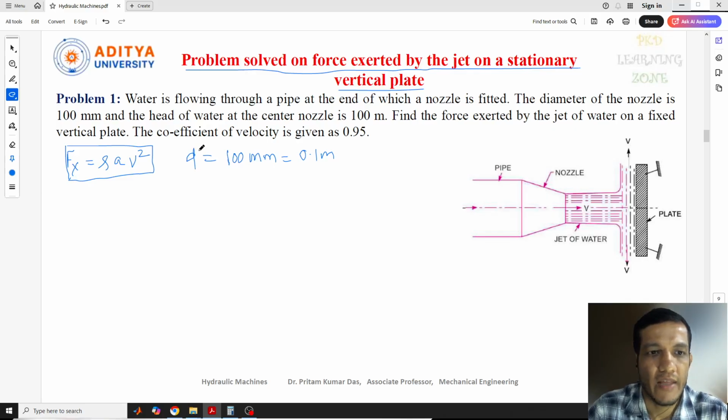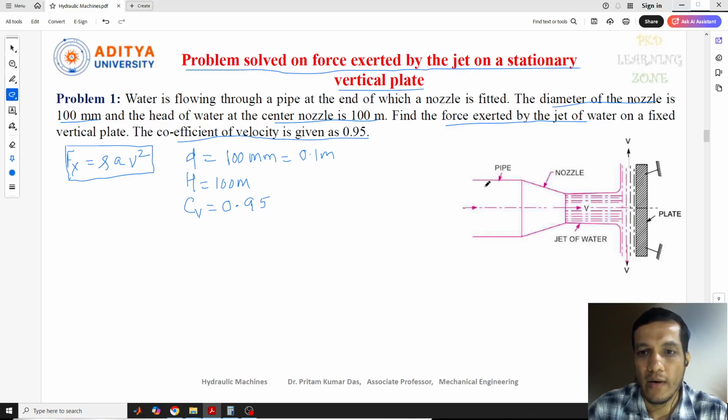And next, the head of water at the nozzle center is given, that is h equal to 100 meter, and we need to find out the force exerted by the jet of water, where the coefficient of velocity is given as 0.95. So the coefficient of velocity, we can write this is Cv equal to 0.95, and the diameter of the nozzle is given here as 100 millimeter.